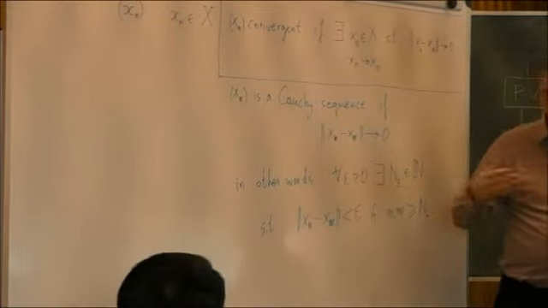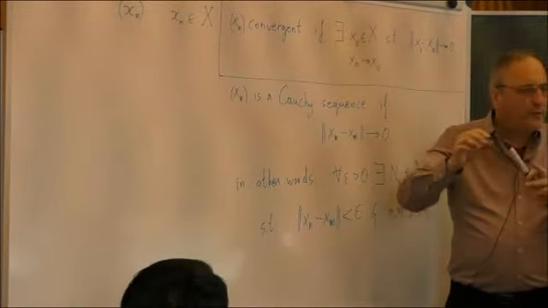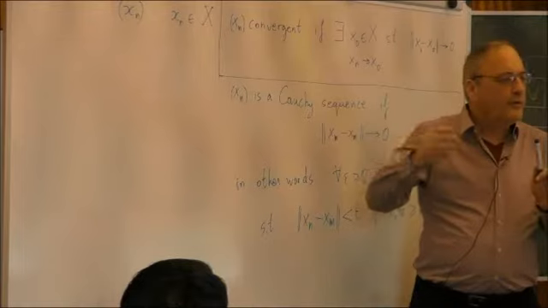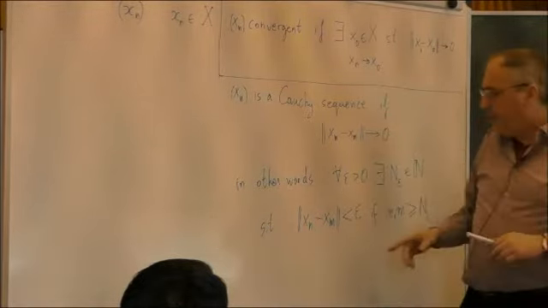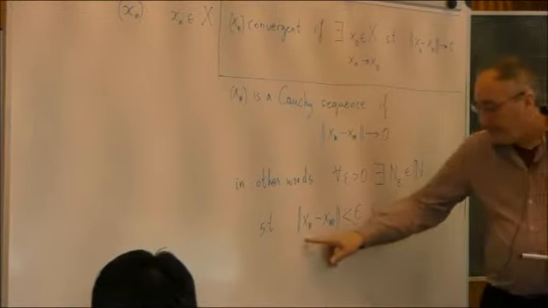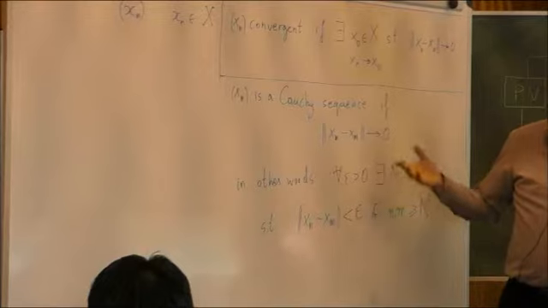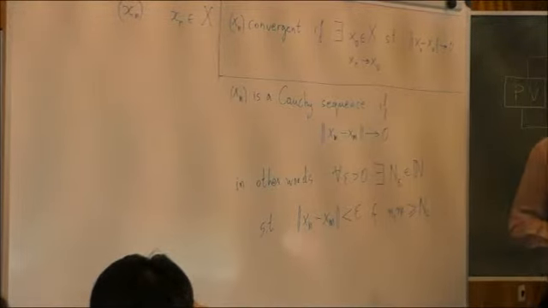The distance between two points usually means the norm of the difference between them. So if n and m are big enough, then the distance between xn and xm is less than epsilon. That is the concept of a Cauchy sequence.